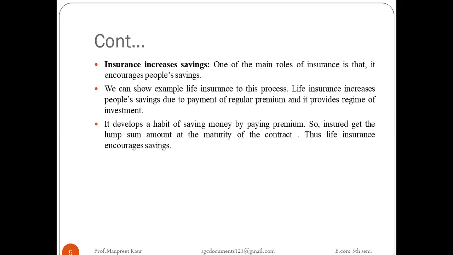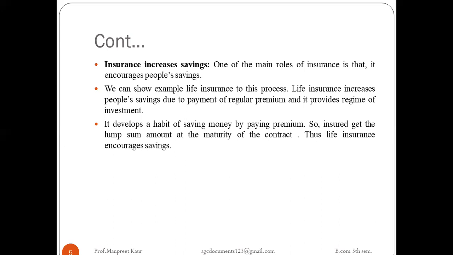So the insured amount is to get the lump sum amount at the maturity of the contract. Thus, life insurance encourages saving. Whatever amount of premium is paid by the client, they definitely get the lump sum amount when the contract is matured.